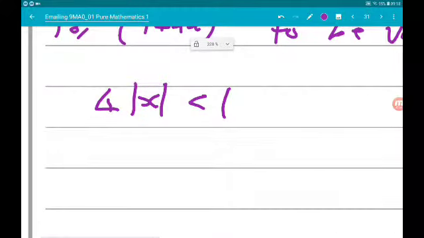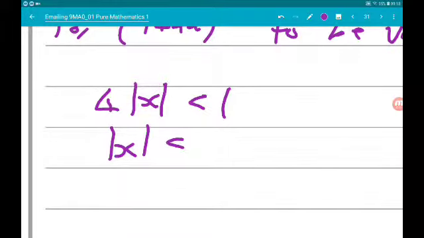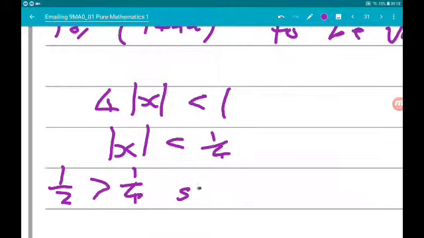So that means the modulus of x has to be less than 1/4. Now 1/2 is bigger than 1/4, so it is not valid. Cool.